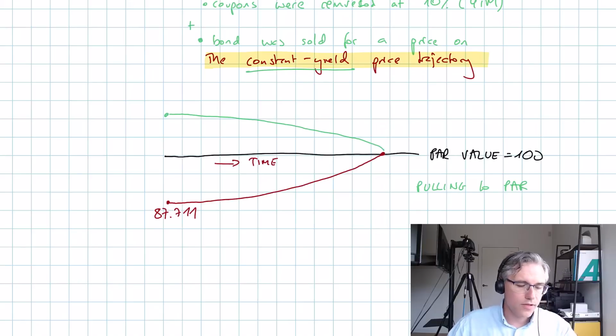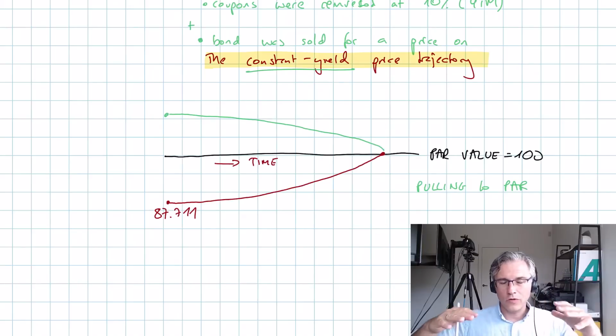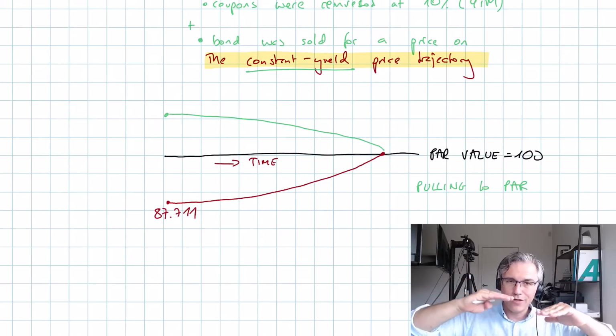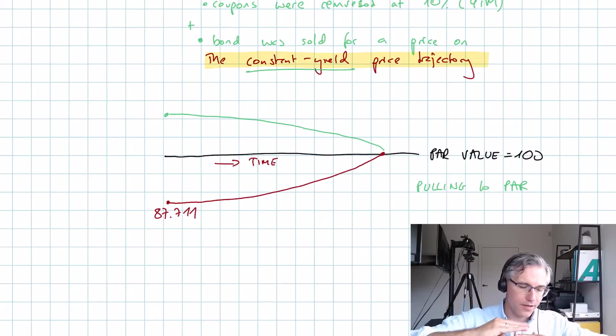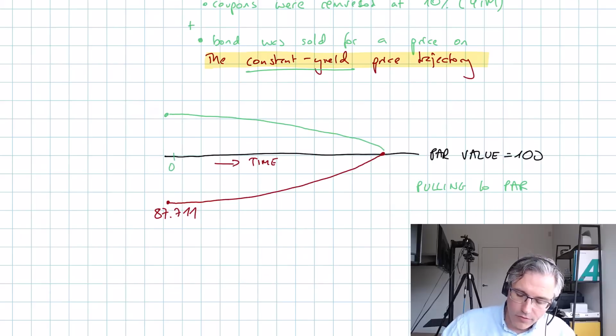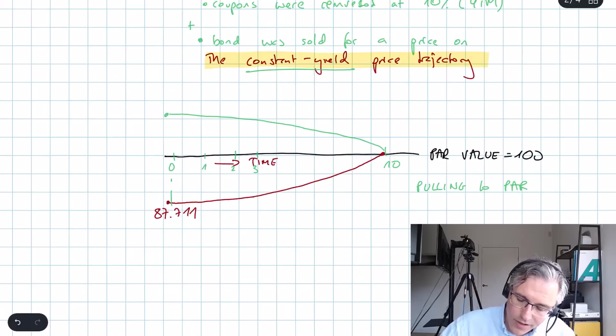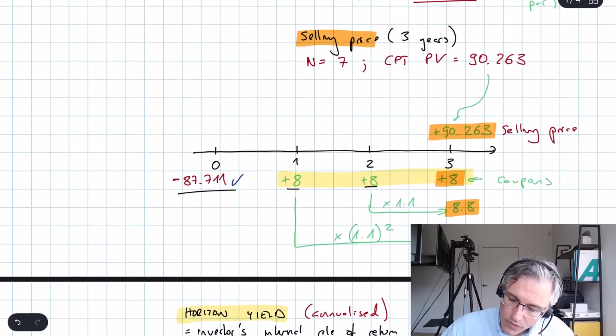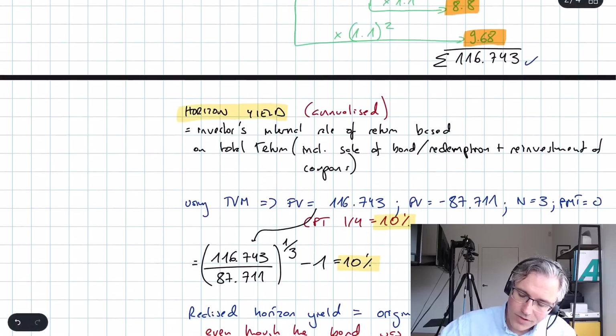So we have a process due to which the original discount, which is quite heavy, or the original premium, which is quite big, gets amortized away and becomes less and less of an issue. Now, if this was time zero, the point of purchase, end of year 1, end of year 2, end of year 3, this would be end of year 10. The price for which that bond was sold, let's see again what it was. Yeah, 90.263.